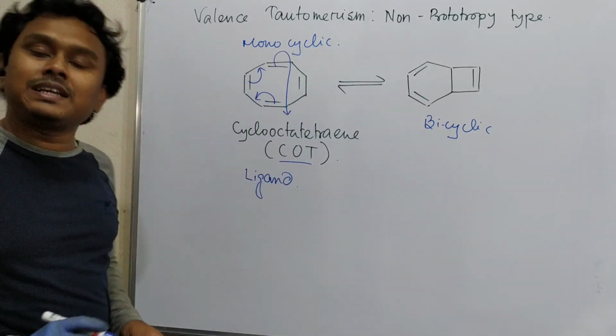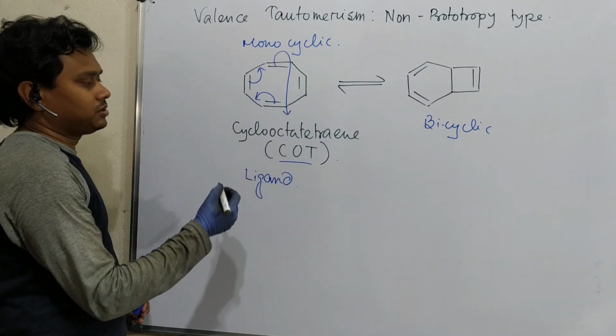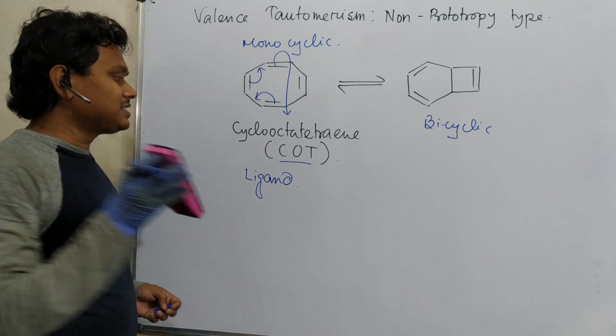So what is the definition of valence tautomerism?